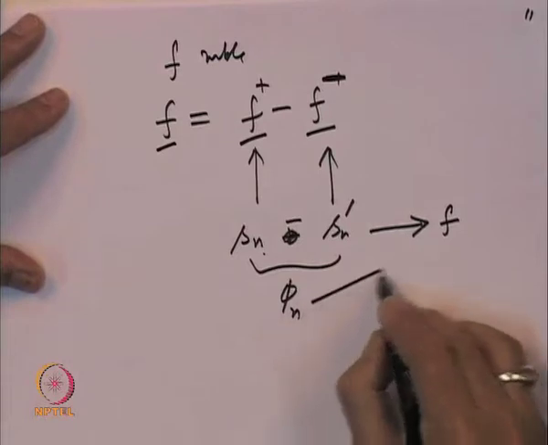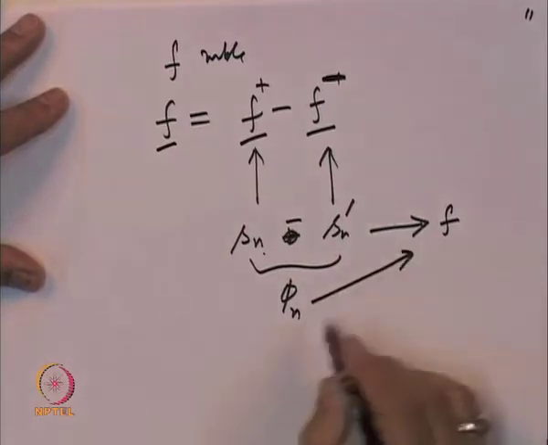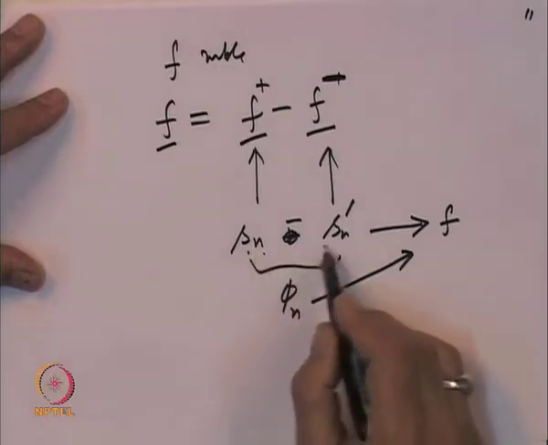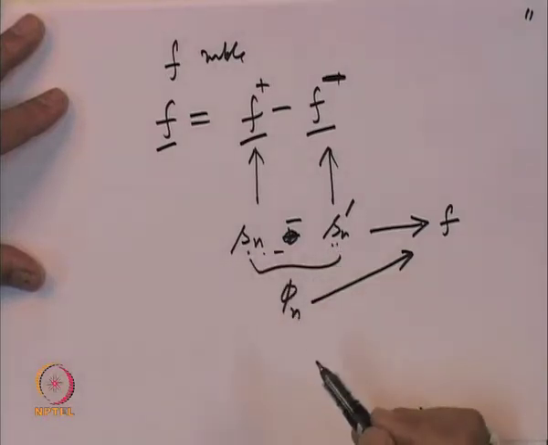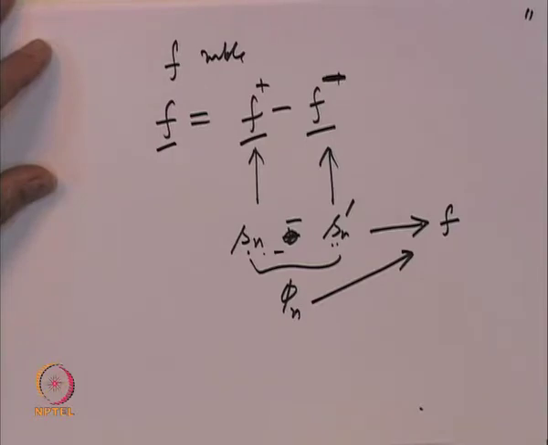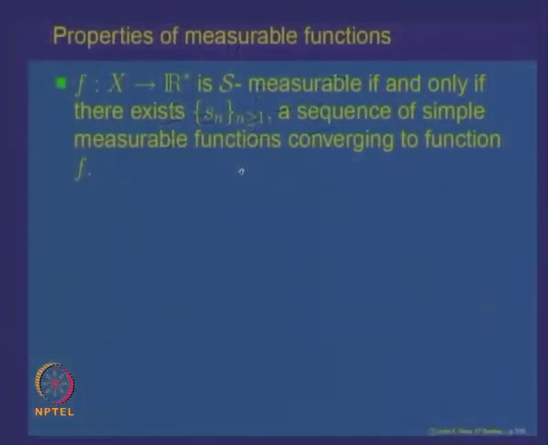Only thing is, phi n's converge to f, but we cannot say phi n's are increasing anymore. Each one of them is increasing, but the difference may not be increasing. So, that proves that a general function f is measurable if and only if there is a sequence of simple measurable functions converging to f.